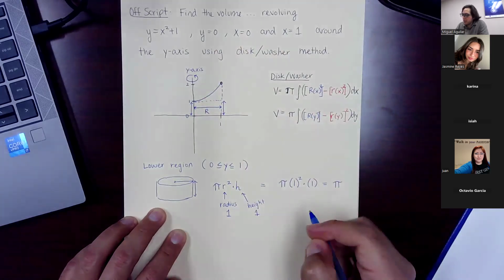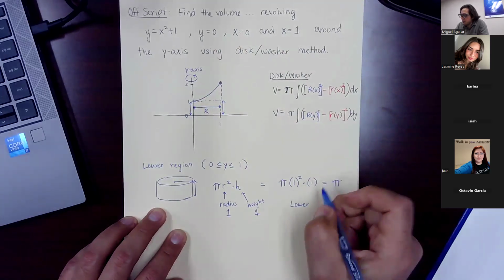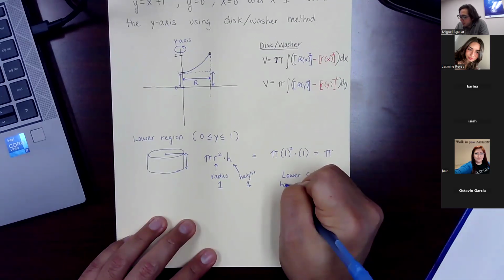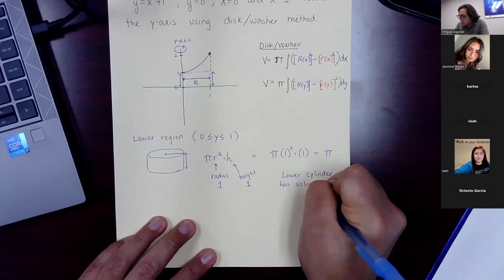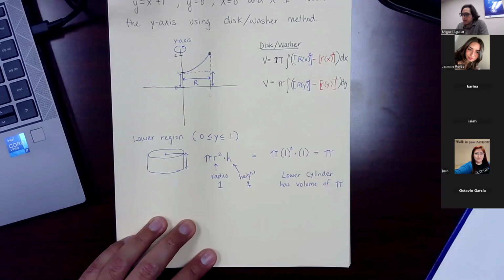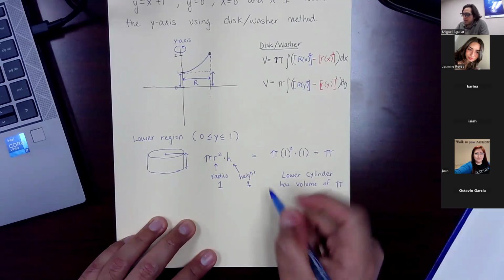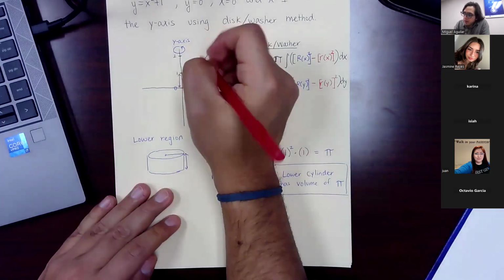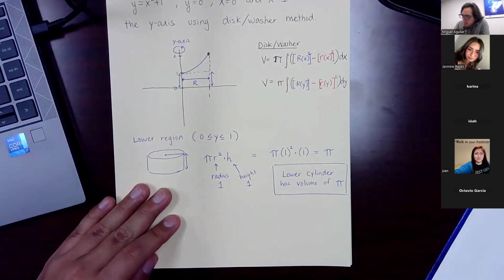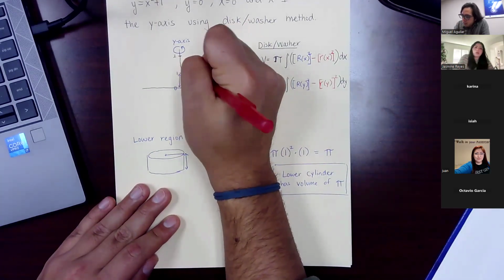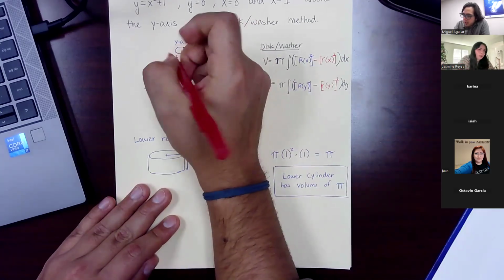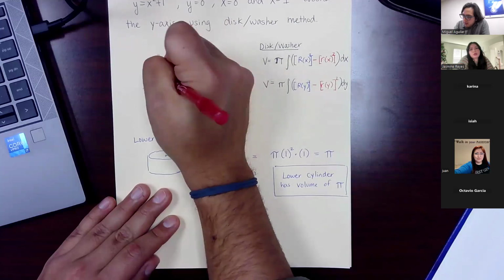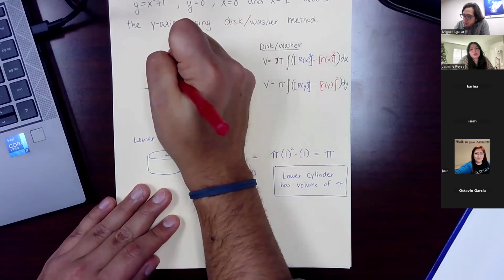So this lower volume has a volume of pi. And then we just need to add that to the volume that we find of this upper region here once we rotate it around. Right? And kind of get this bowl shape.